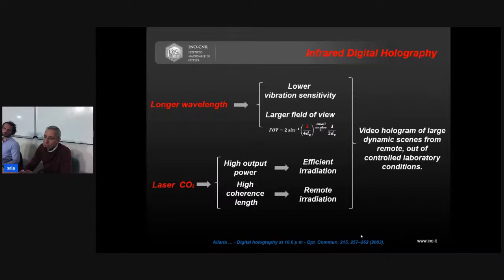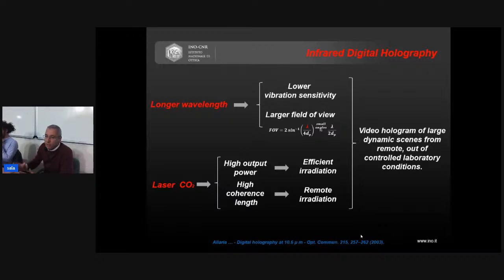Usually, digital holography is realized using visible radiation. However, it has been realized also in other ranges of the electromagnetic spectrum. Our group was the first in 2003 to move to longer wavelength in the infrared range using CO2 lasers and pyroelectric cameras or thermal cameras.